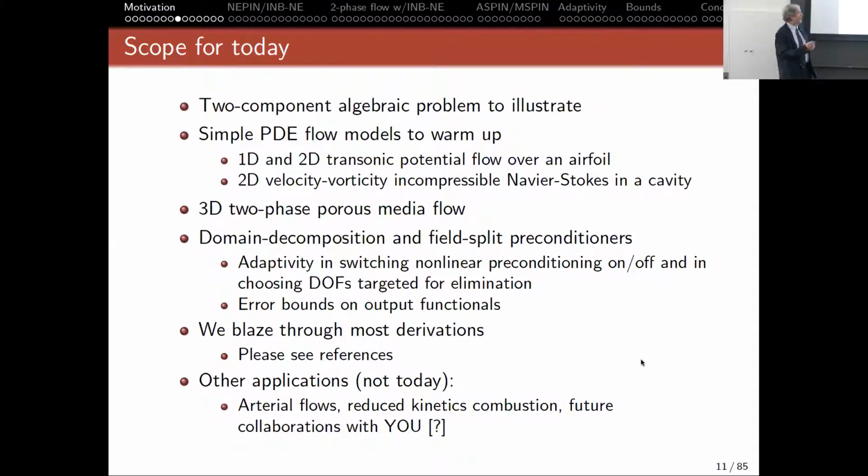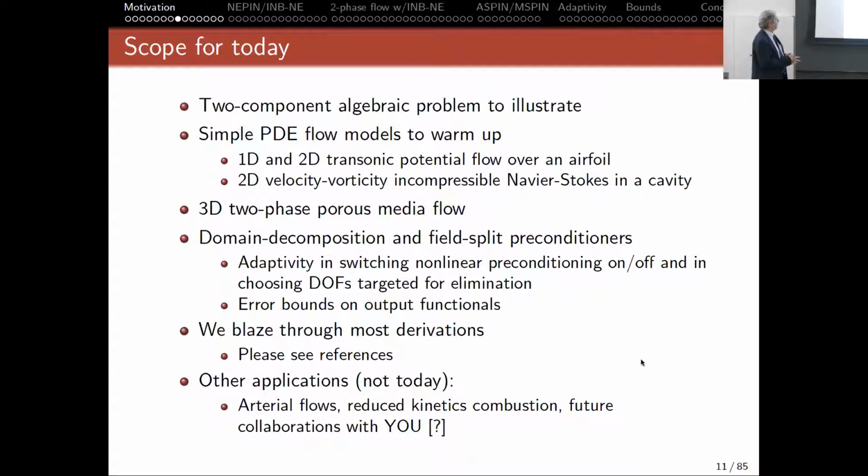So the scope for this talk is to introduce a two-component problem just to see how nonlinear preconditioning works, then to introduce it with a 1D and a 2D set of problems that enable you to see how to identify, in some cases, where the troublesome degrees of freedom are graphically, and then to look at performance on a responsibly discretized, serious problem.